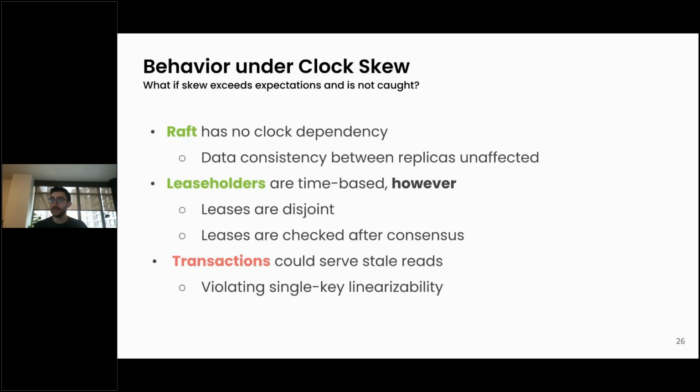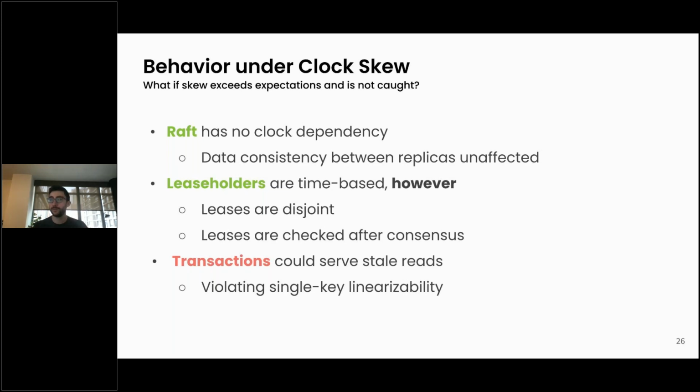Similarly, because leaseholders are time-based, it may appear that leaseholders could allow for conflicting writes to ranges, but this isn't actually the case because leases within Cockroach, so within each range, their leaseholders are all disjoint in terms of the set of timestamps that they can act on.